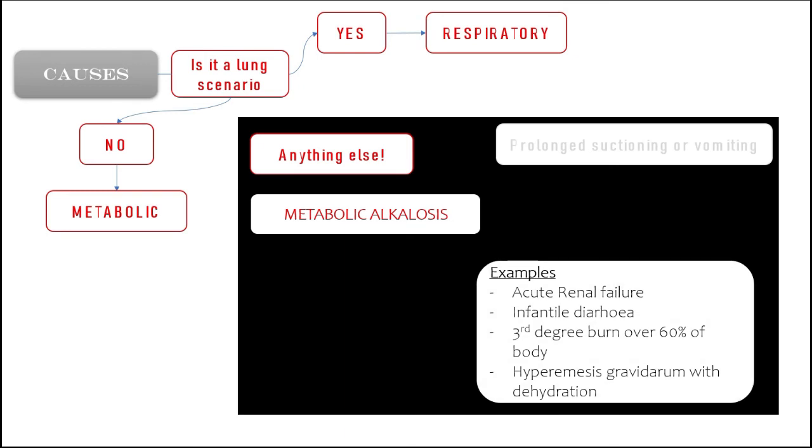Now, I would like you to bring your attention to this highlighted area. I'm highlighting with dehydration because I want you to note that hyperemesis gravidarum can cause both metabolic acidosis as well as alkalosis. It is when it is associated with dehydration that it causes metabolic alkalosis. Remember this.